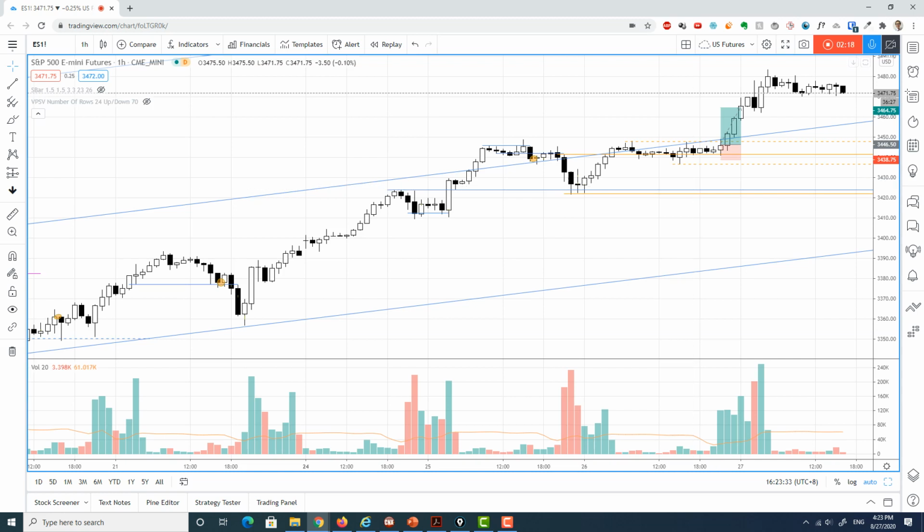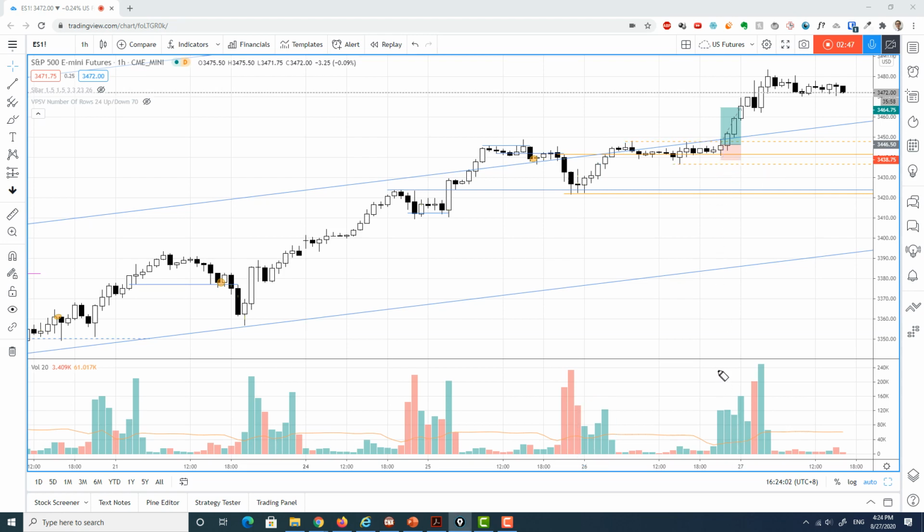We can see that just prior to the US opening, you can see this very shallow consolidation. This is the prior US session, which closed at a high. Subsequently, from the Asian session through the London European session, price was consolidating within this super tight range.